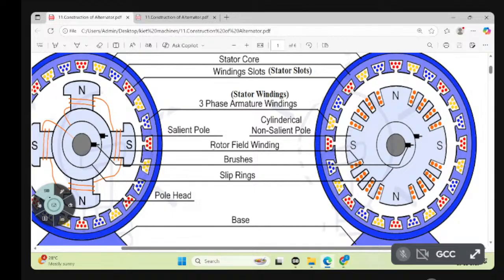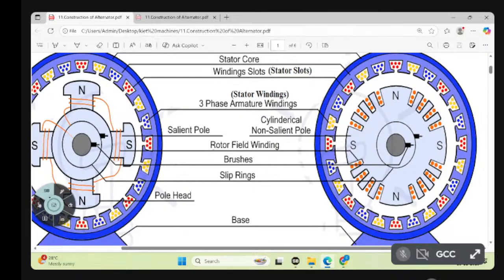Here also you have slip rings, two slip rings. Only the rotor construction is different in salient pole and non-salient pole. So this is about the alternator.